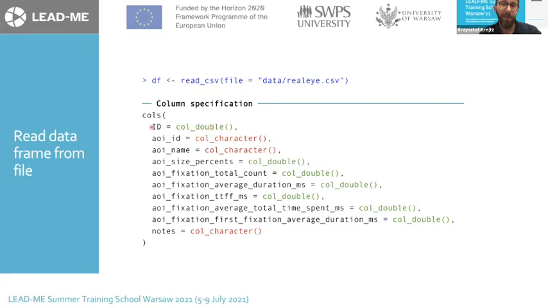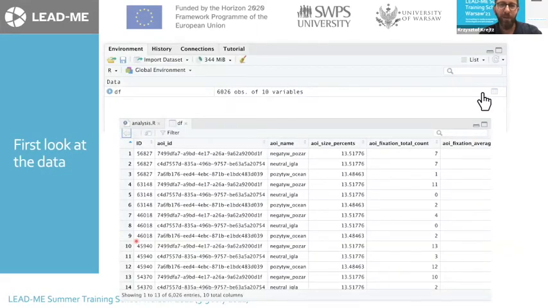So I see that the ID is numeric. I have some character variables here: AOI ID, AOI name, size percentage, fixation total count, fixation average duration in milliseconds, fixation time to first fixation in milliseconds. Some names of these variables are self-explanatory, some are not. Let's look closer at these variables.